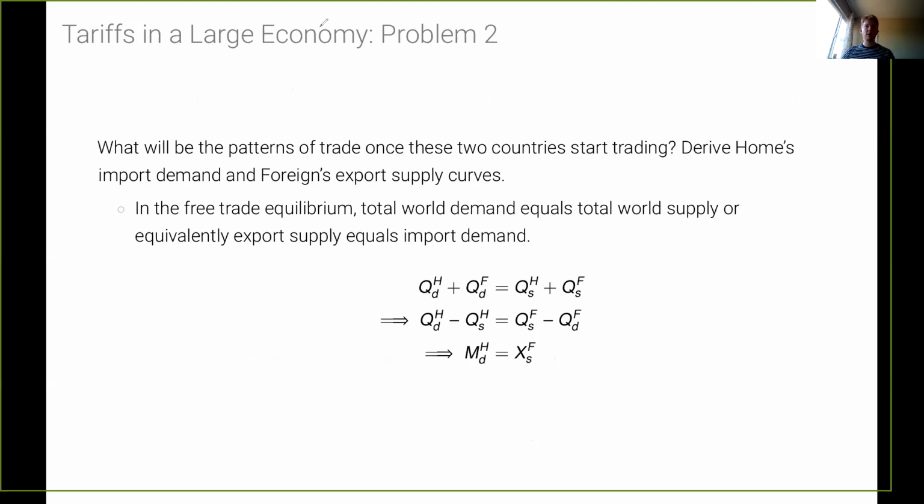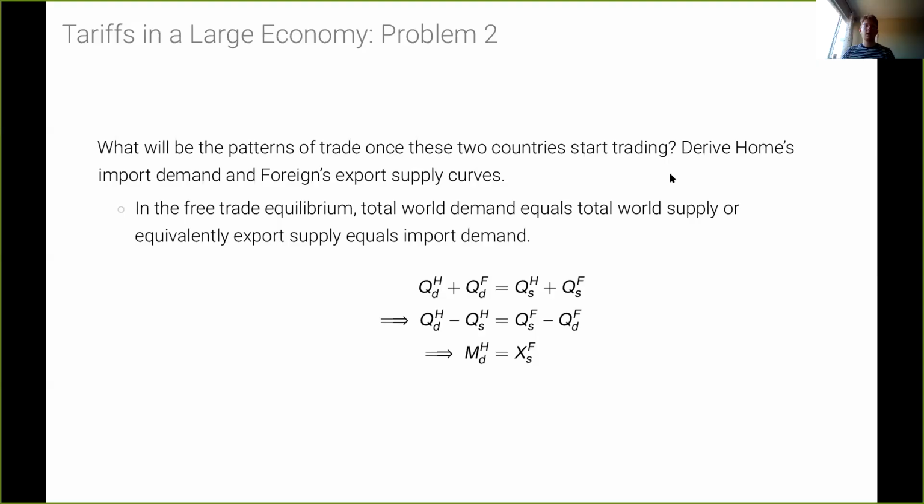So now to figure out the patterns of trade once these two countries start trading, we know that in order to figure out the free trade equilibrium, so in order to figure out what prices are going to be once these countries open to trade, we can either use the equation that total world demand equals total world supply.